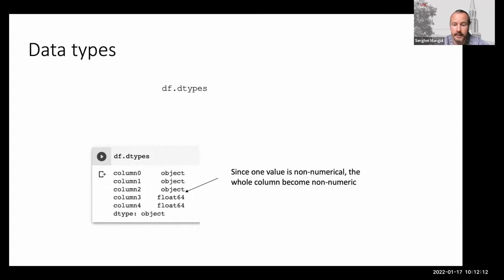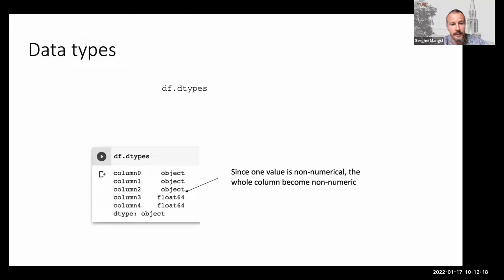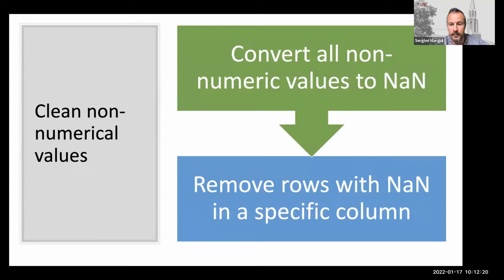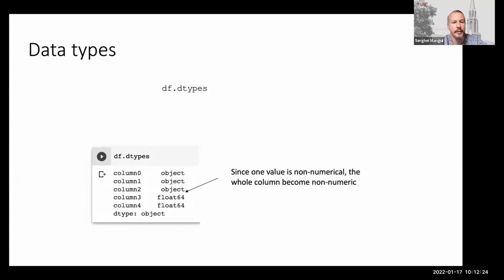In this case, let's see, column 0 is string, column 1 is string. What about column 2? Maybe it's a different one, sorry. Anyway, you will see the data types of each column, right? You can judge by eye in a sense, but it's also a good idea to check it formally.